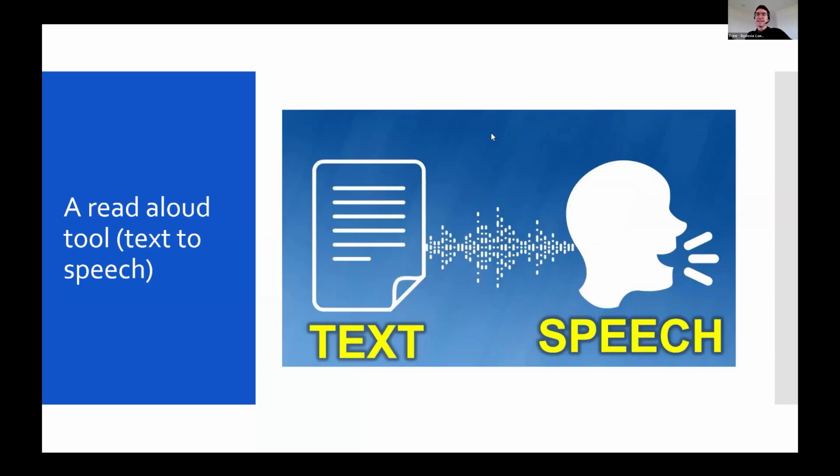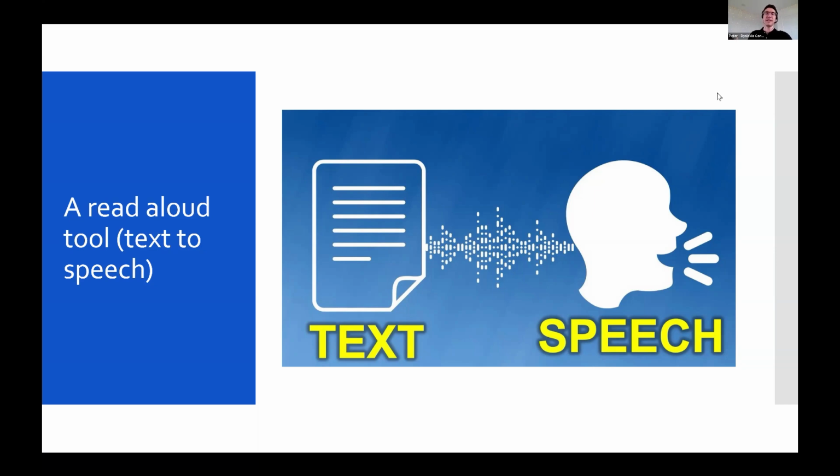A read aloud tool or text to speech tool is also very helpful if that's being allowed as an accommodation. And of course, if a computer adaptive test has accommodations built in, it might have text to speech already built into it. Also, if it's a paper test, there are other apps and different things that you can use to read text, and there might be something like that available.